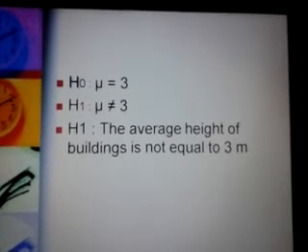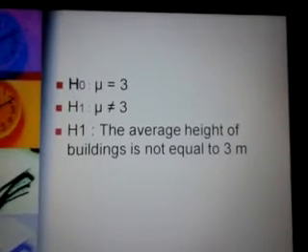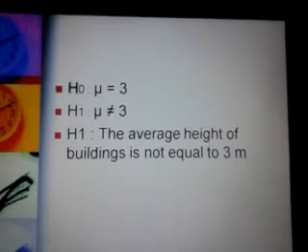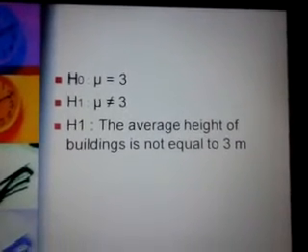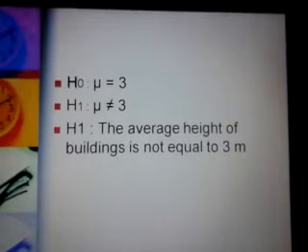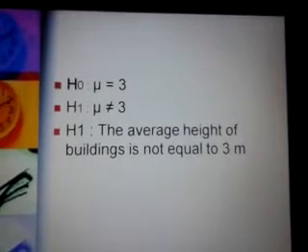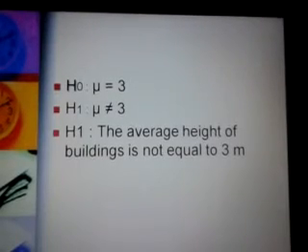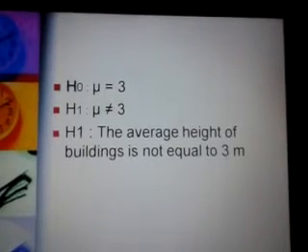This is our alternative hypothesis. Now we take a sample, we collect data from maybe around 300 buildings, and we find that the average height of those buildings is 3.1 meter or 2.9 meter.